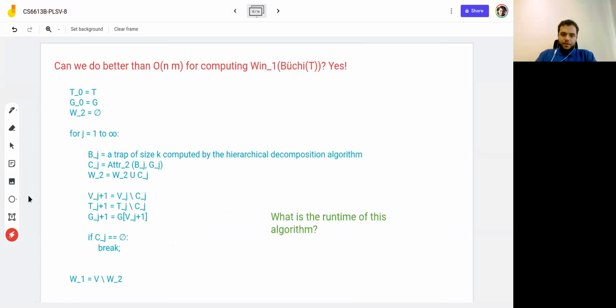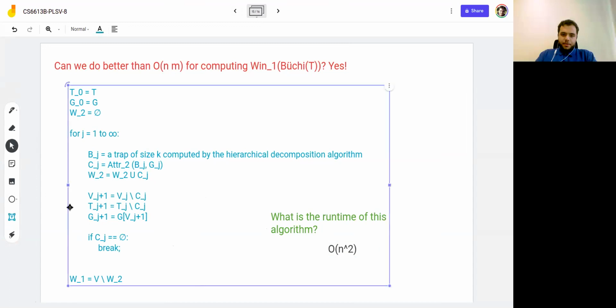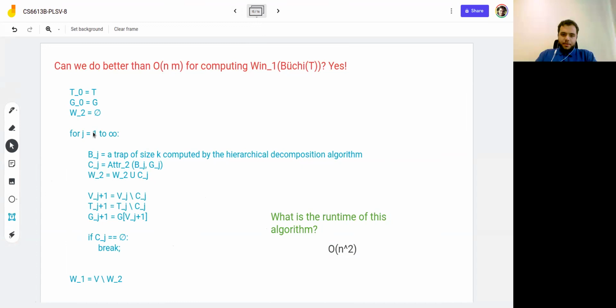So why is the runtime of this algorithm order n squared? Because we can do the same analysis again here. Let's say that we have a trap of size k. The iteration that actually finds that trap of size k takes order nk time, and it increases the size of the winning set of player 2 by at least k vertices.